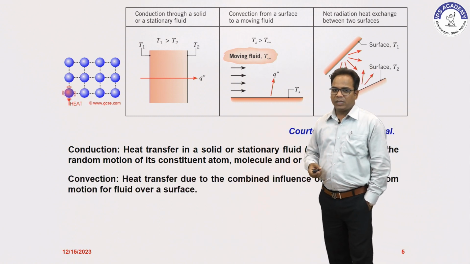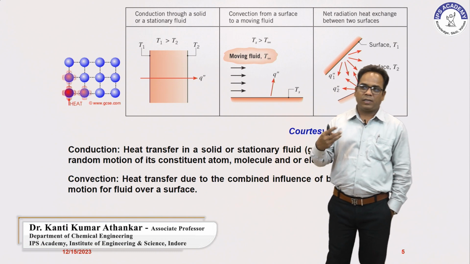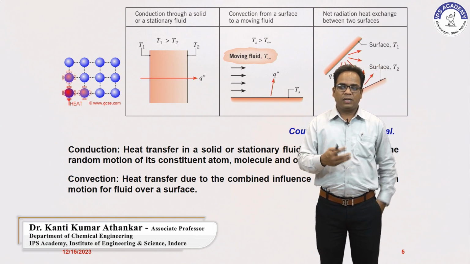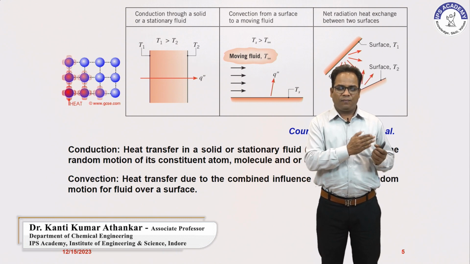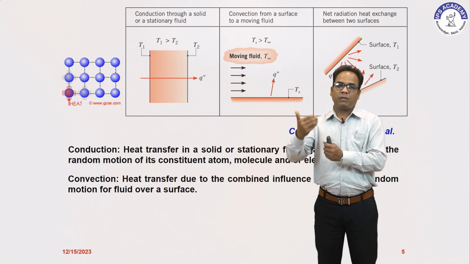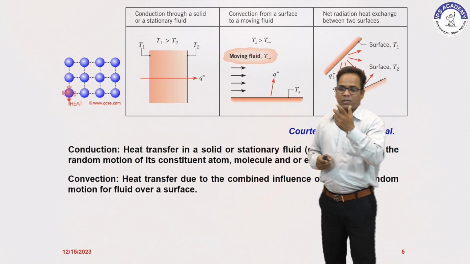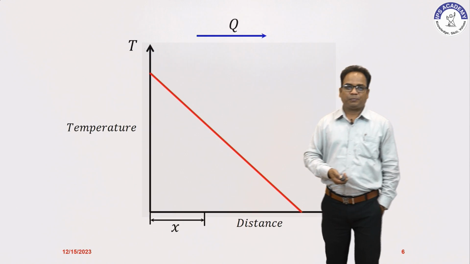In convective heat transfer, as I said, it is not a basic mode of heat transfer. The basic mode is conduction, but the heat transfer gets affected because of the flowing of fluid. That's why it is known as convective heat transfer, right?